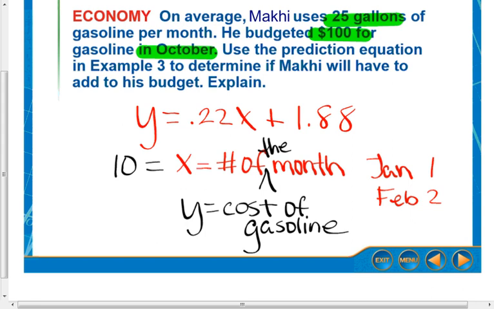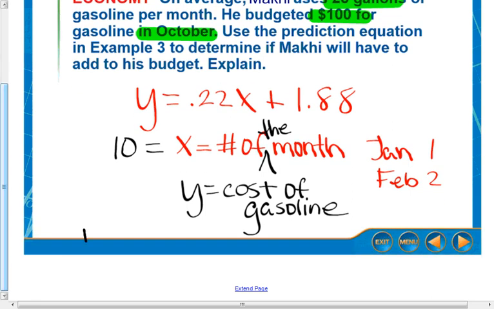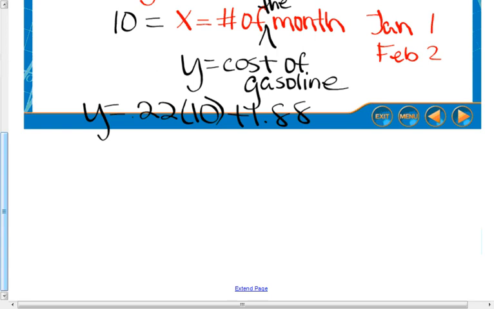So if I plug in 10, let's see what we get. We get y equals 0.22 times 10 plus 1.88. You could put it in your calculator, but when you multiply by 10, you're just scooting the decimal over.